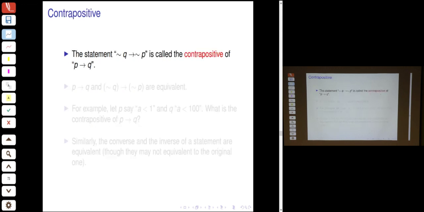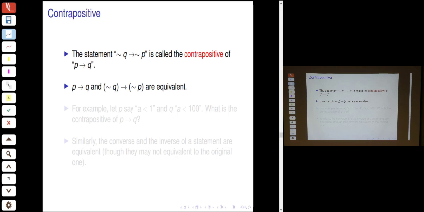Okay. Now, we have seen the converse and inverse. The last possible variation is called contrapositive. So the statement not Q arrow not P is called the contrapositive of P arrow Q. Okay. And it turns out P arrow Q and its contrapositive are equivalent.